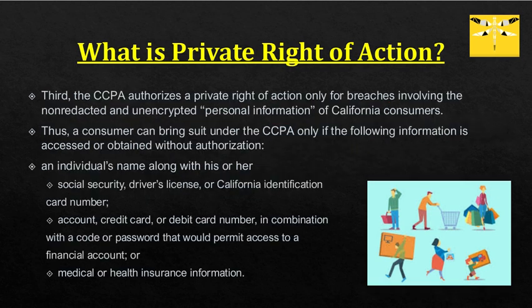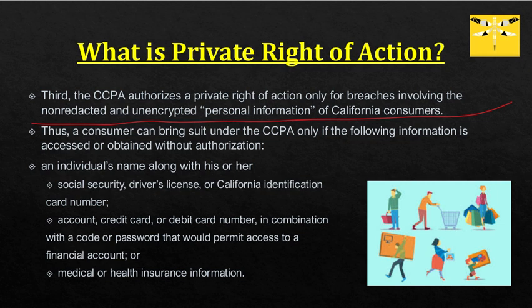Third, the CCPA authorizes a private right of action only for breaches involving non-redacted and unencrypted personal information of California consumers. So, what do you mean by non-redacted and unencrypted personal information of California consumers?